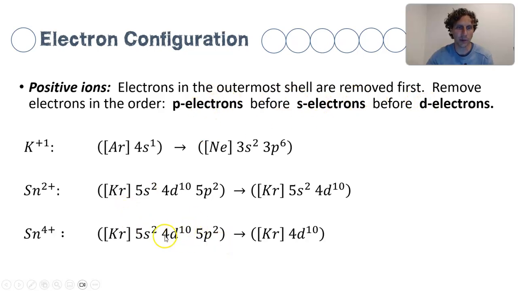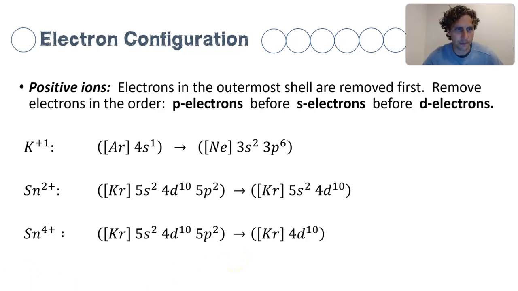So we're not taking them from here. We're first going to lose from this orbital. Okay, and so it becomes krypton 4d10. And that's why tin is a multivalent metal. It can lose some of the electrons in the 5s orbital.